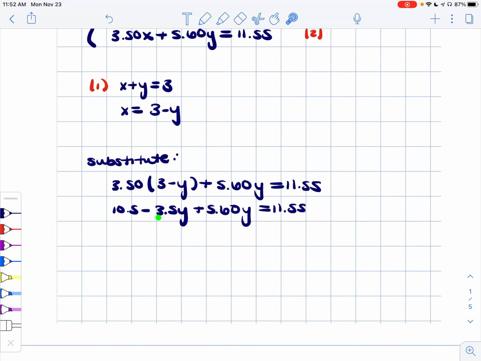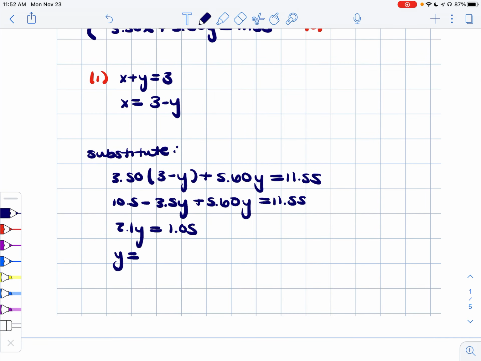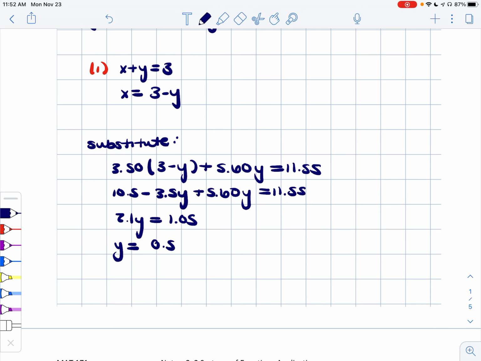So negative 3.5y plus 5.6y, we'll have 2.1y. And then subtract the 10.5 over to the other side, and we'll end up with 1.05. And then if we divide by 2.1, we'll end up with y is equal to half a pound.